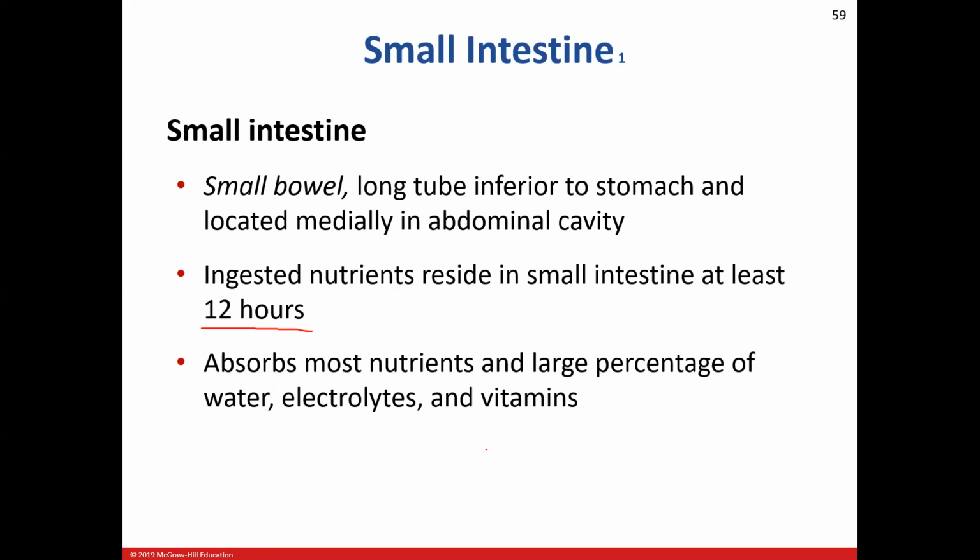And so just continue to think that in the small intestine, this is where we're going to see a significant absorption and chemical digestion of nutrients and everything that I mentioned in the large intestine, all right, absorption of water, electrolytes, and vitamins. We're still going to get a significant amount of that occurring in the small intestine.